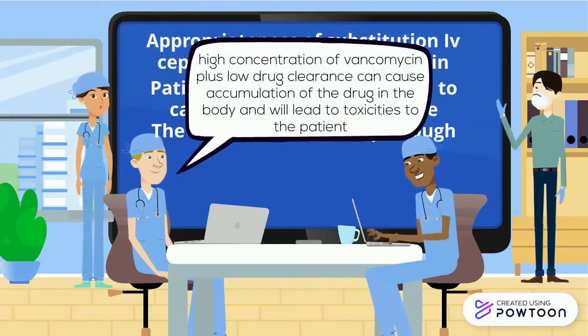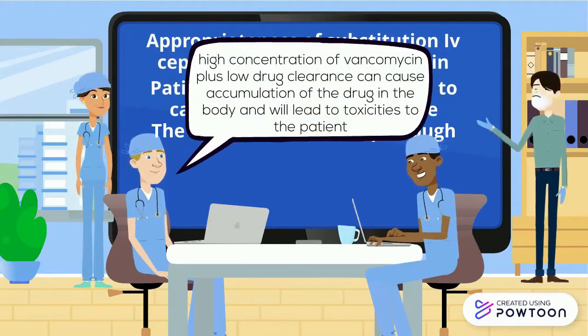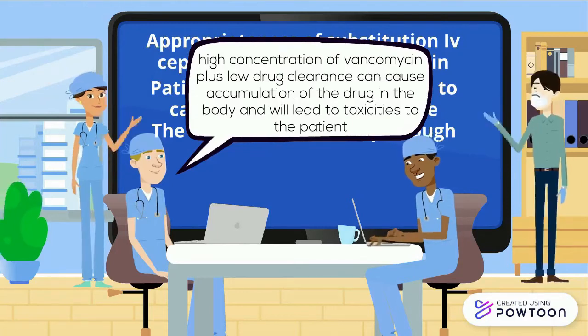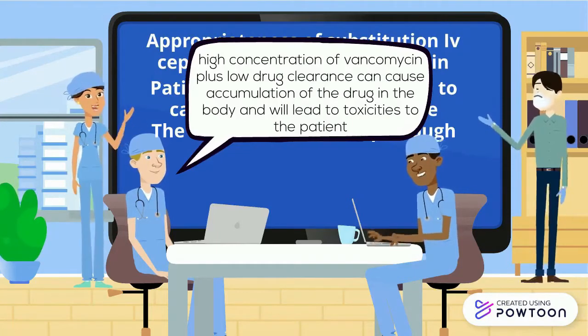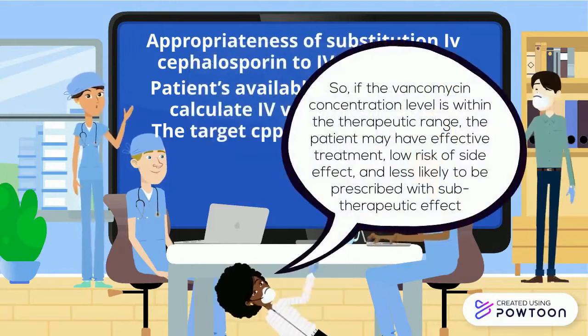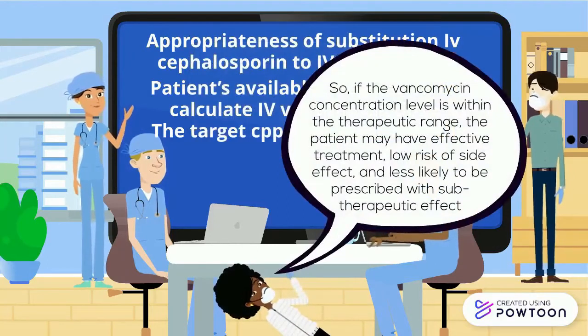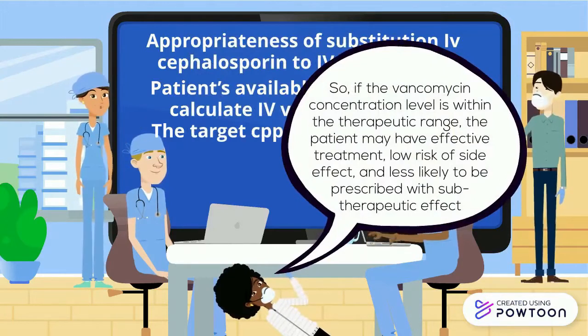On the other hand, high concentration of vancomycin plus low drug clearance can cause accumulation of the drug in the body and lead to toxicities. So, if the vancomycin concentration level is within the therapeutic range, the patient may have an effective treatment, low risk of side effects, and is less likely to be subtherapeutic.